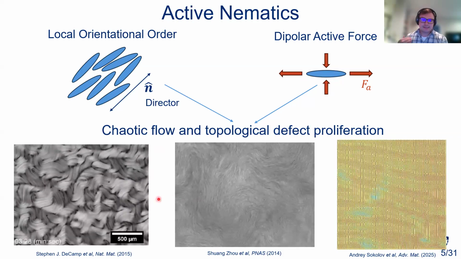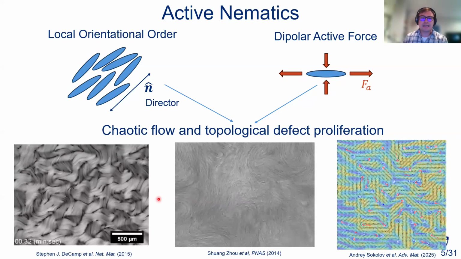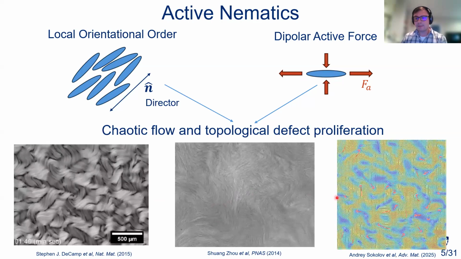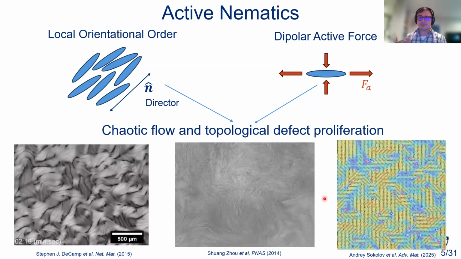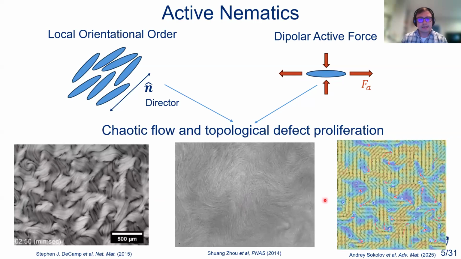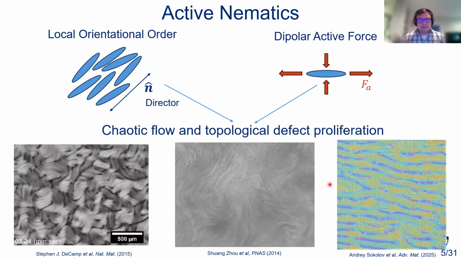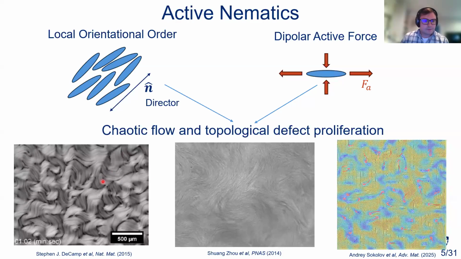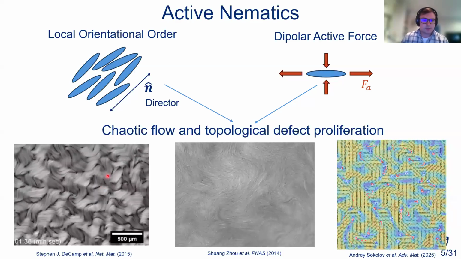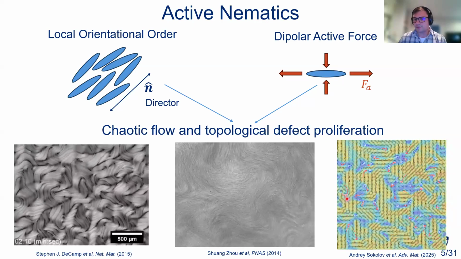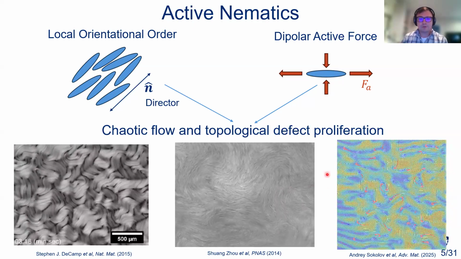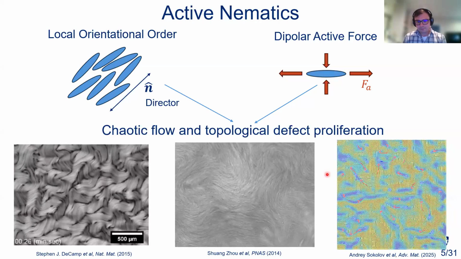In the middle is a bacteria suspension in a nematic liquid crystal. And then on the right is a nematic liquid crystal that is being acoustically actuated. And so you can see the chaotic movement of all of them. On the left, the black dots are the topological defects, and on the right, the topological defects are labeled. They're harder to see in the middle movie, but they're also there.